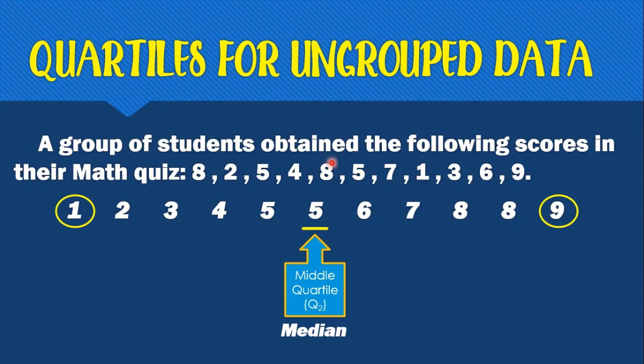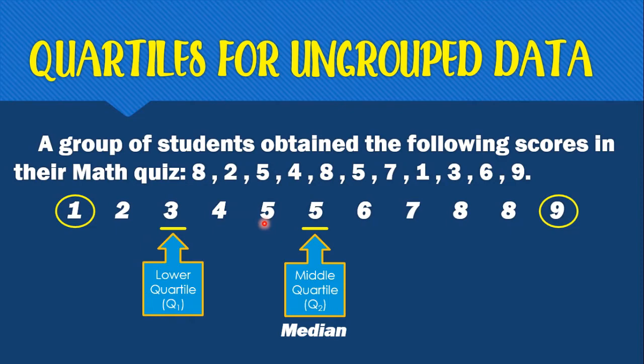By the way, the middle quartile is also known as the median. Now, the first quartile is 3. This is obtained by observing the position of 3, which is in the middle of the numbers from 1 to 5. So this is known as the lower quartile, or the Q sub 1.